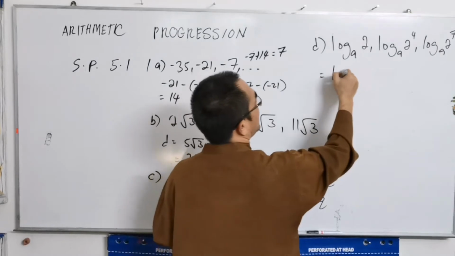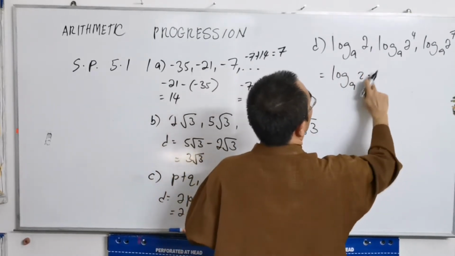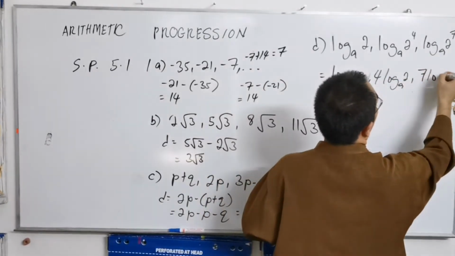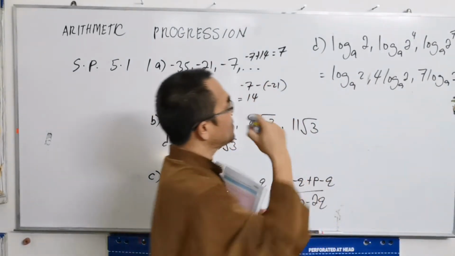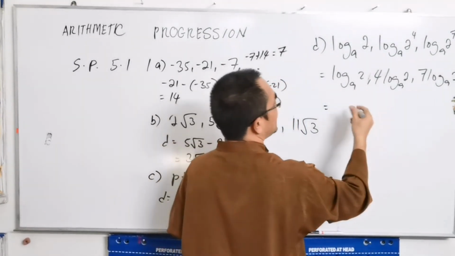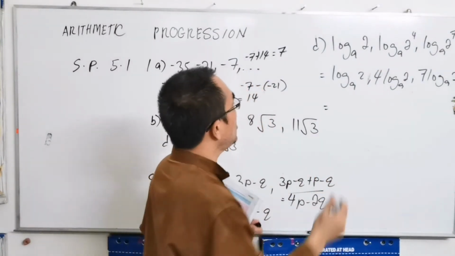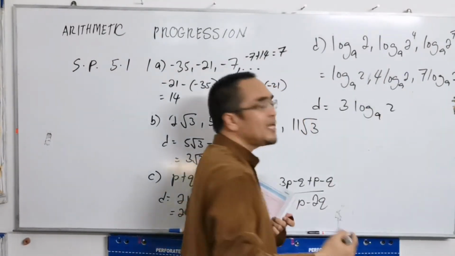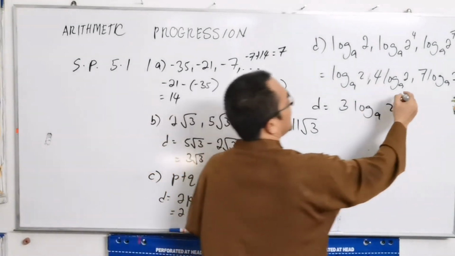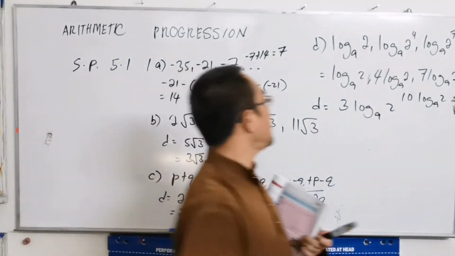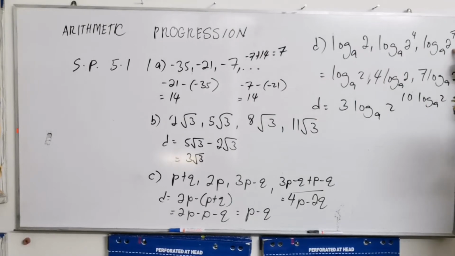I will simplify this: log A^2, then 4 log A, then 7 log A. Even though we do not know the value, we can still subtract this minus this. 4 log A minus 1 log A, the difference will be 3 log A. In case you need to know the next term, it will be 10 log A. In case they want you to give it in the original form, the answer will be log A to the power of 10.